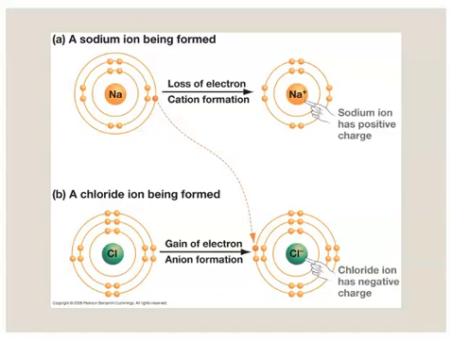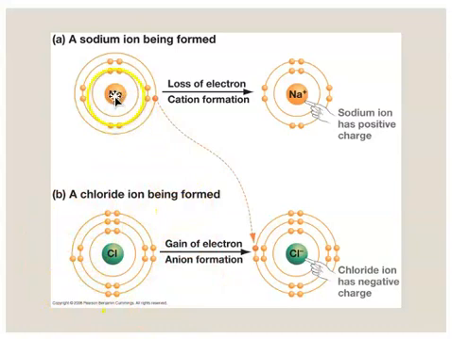On this slide, you're looking at a visual depiction of this transfer of electrons between ions in an ionic bond. So up at the top, we're looking at a sodium ion being formed, and down at the bottom, we're looking at a chloride ion being formed.